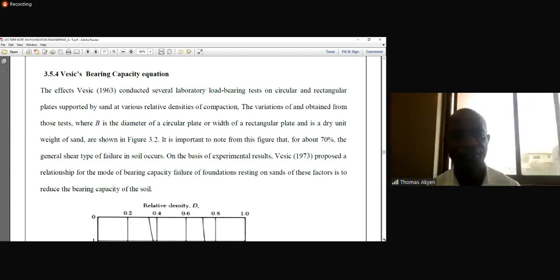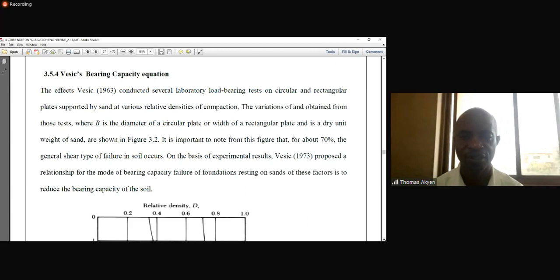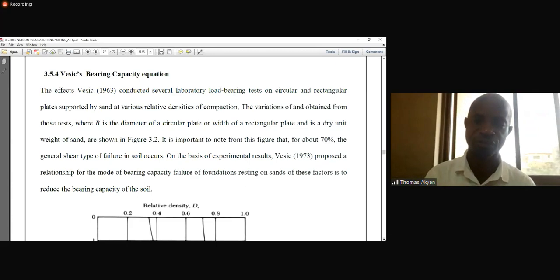Vesic 1963 conducted several laboratory load bearing tests on circular and rectangular plates supported by sand at various relative densities of compaction. The variation of qu was obtained from those tests, where B is the diameter of a circular plate or width of a rectangular plate, and gamma is the dry unit weight of sand, as shown in Fig 3.2.